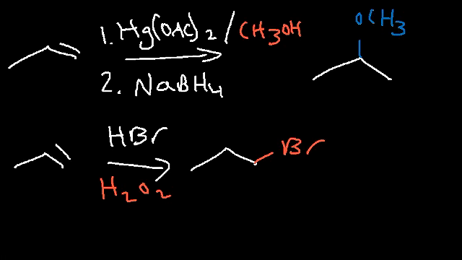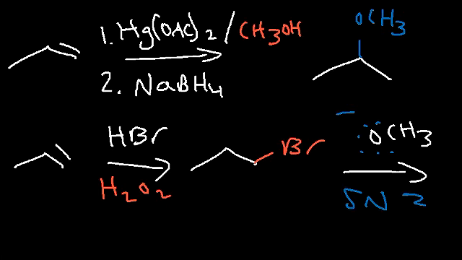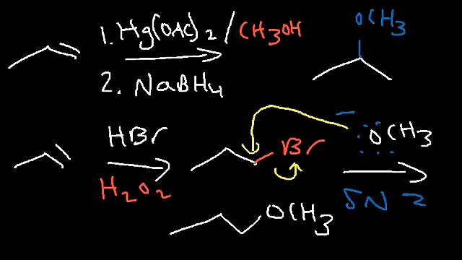This reaction proceeds with anti-Markovnikov addition. And now you can add sodium methoxide. When you use methoxide with a primary alkyl halide, the predominant mechanism is the SN2 reaction. And so the methoxide is going to attack the carbon from the back, expelling the bromine atom. And so you're going to get an ether on a primary carbon as opposed to the secondary carbon.